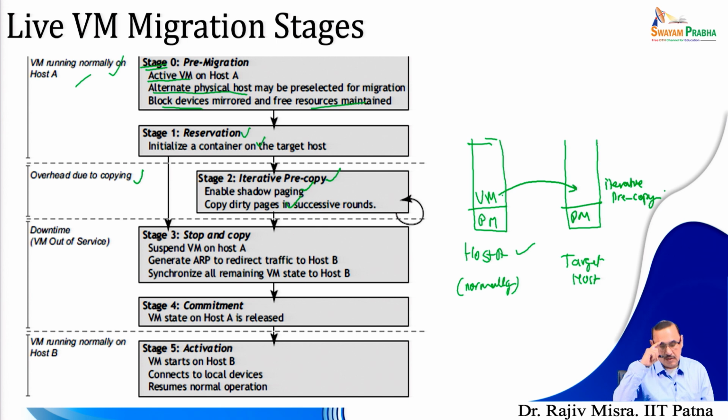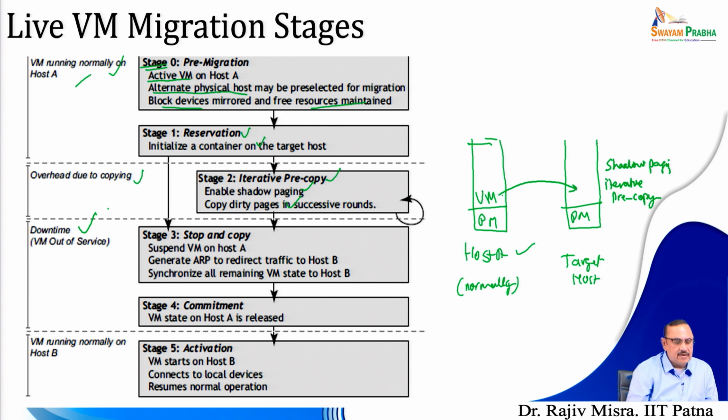Iterative pre-copy means it will enable the shadow paging, so whatever is modified, it copies the dirty pages in successive rounds. The shadow paging technique will copy the memory from the pre-migration host to the reservation, or the target host.